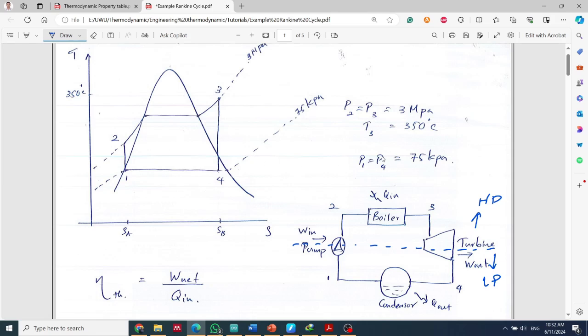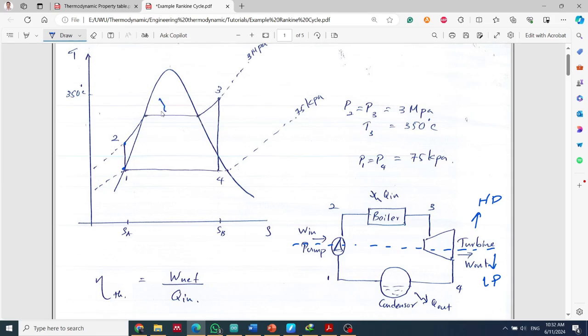So let me draw the diagram. The pump action 1 to 2 starts from the saturated liquid up to 2. This is the isentropic compression. Then the heat addition in the boiler, Q in: 2 to 3 is the heat addition.